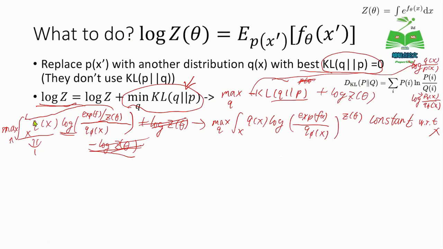Okay, so next it's very simple. We just make it a subtraction because of the log. So we are almost there. Integration of qx log exponential f x dx, the log and exponential cancel.